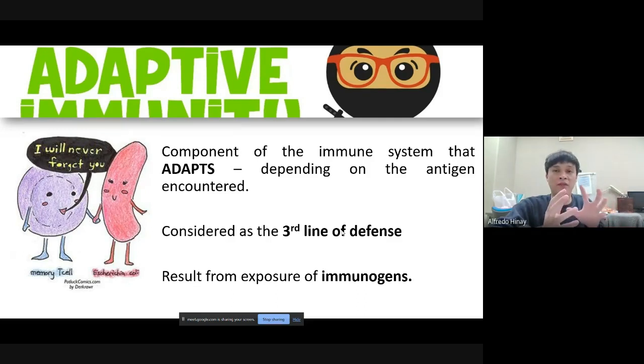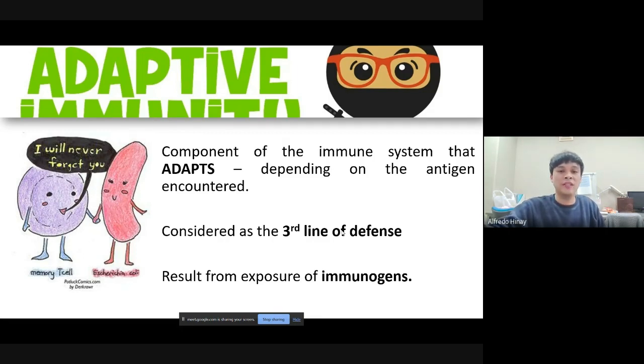For example, if they encounter a parasitic infection, a different response will be processed with your adaptive immunity. It is also different for bacterial, fungal, and viral.